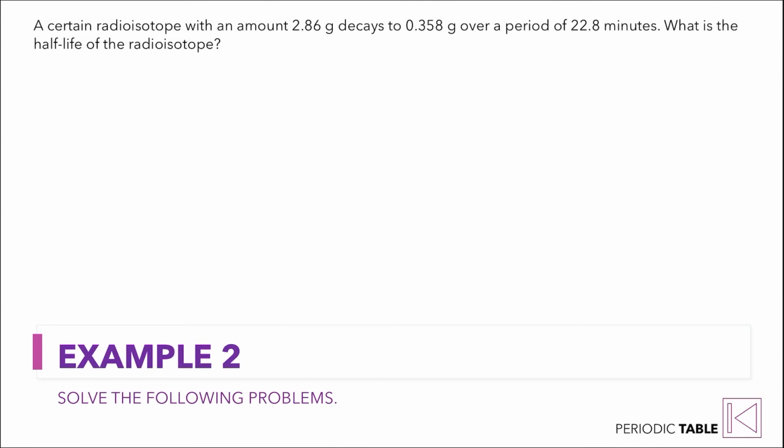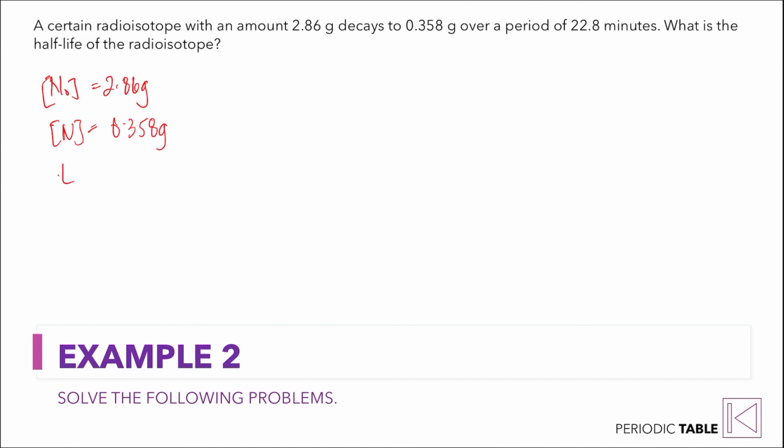So, as a certain radioisotope, so binigyan tayo ng initial amount na naman. So N0, 2.86 grams. Tapos nag-decay daw siya, naging 0.358. So that is our final 0.358 grams.